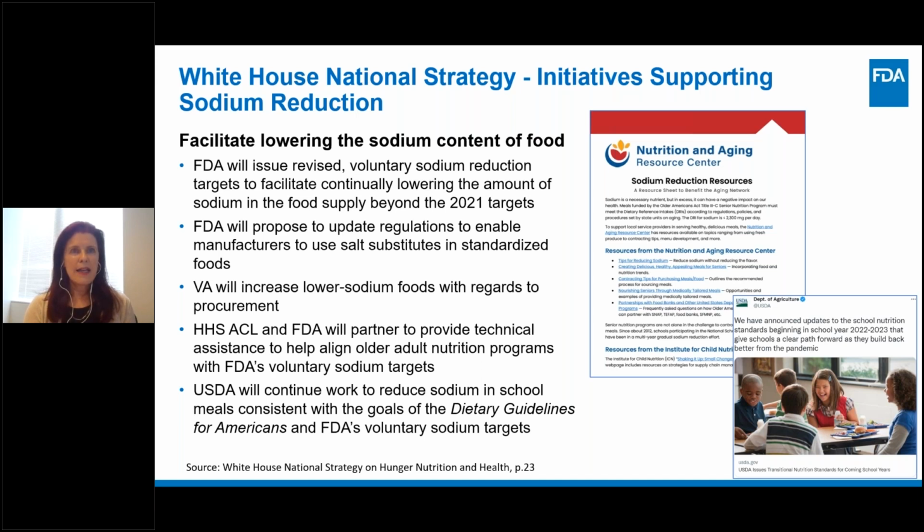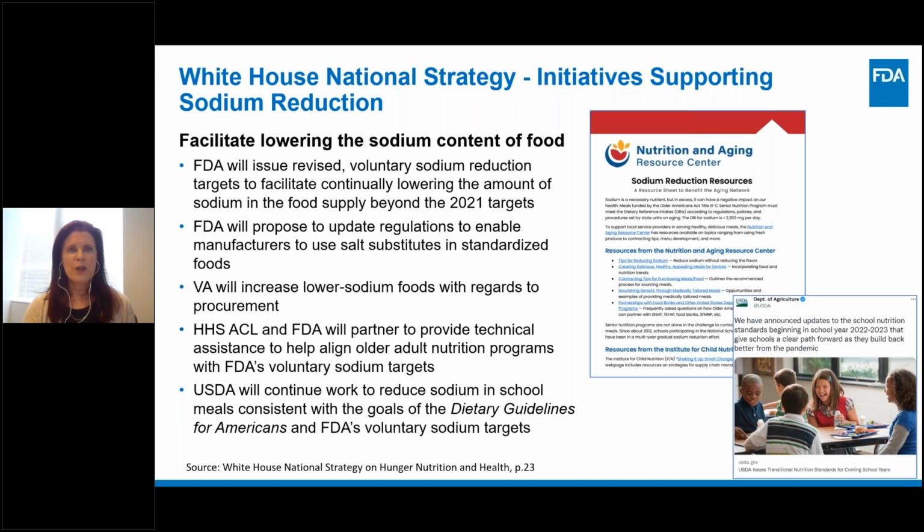Focusing on sodium, it mentions that FDA will issue revised voluntary sodium reduction targets to facilitate continually lowering the amount of sodium in the food supply beyond the targets issued in '21. FDA will update regulations to enable manufacturers to use salt substitutes in standardized foods, and the VA will increase their procurement of lower sodium foods.